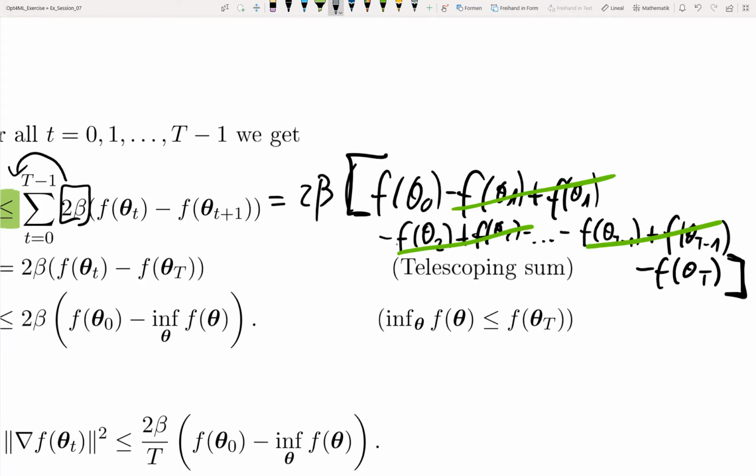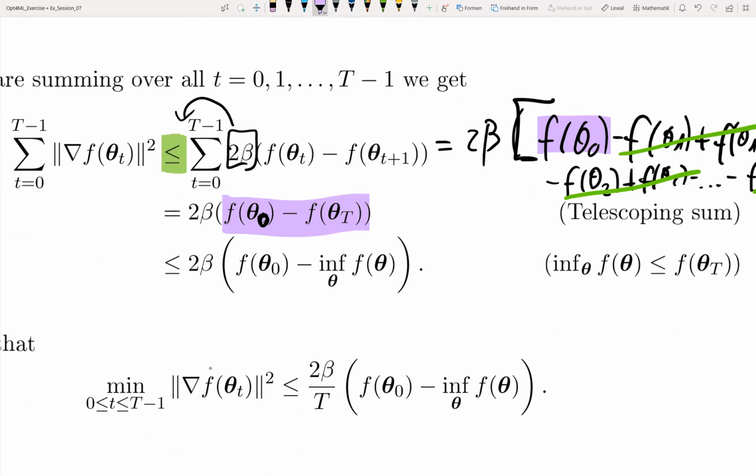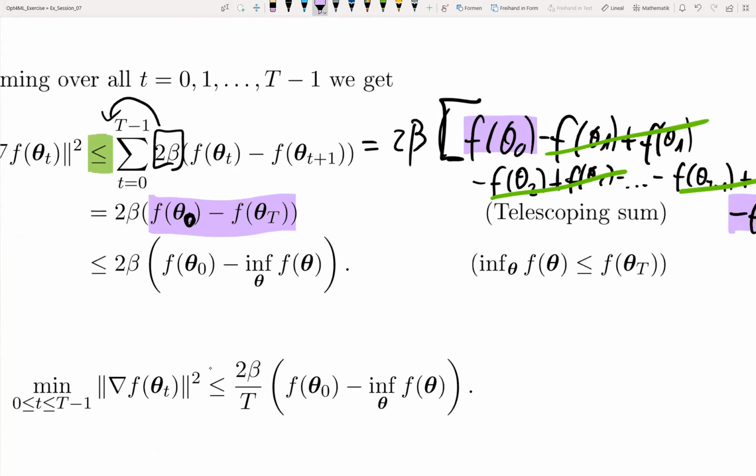Okay, and what can we say? So this is an equality, of course. And what can we say now about this term in violet? Well, it holds that the infimum of the objective value function is definitely smaller or perhaps equal to the objective value at theta t.